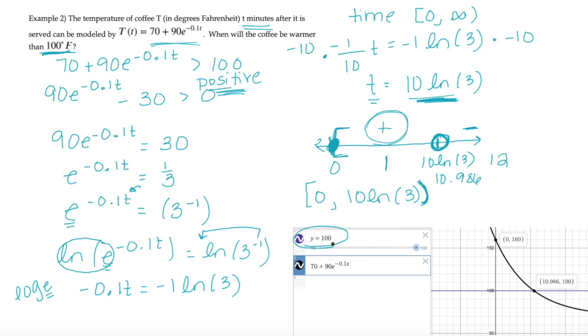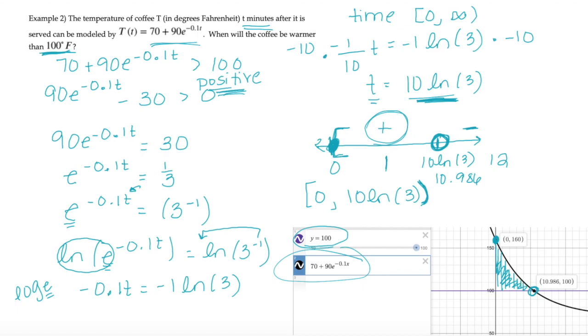That's the degree value we were looking for. And then I put the function itself as it's listed. I want to know where our graph is greater than 100. Well, our graph is greater than 100 in this area here, where 0 is included, and this is where it exactly breaks even at the 100 degree value. So this entire interval in between here is where it's greater than 100.